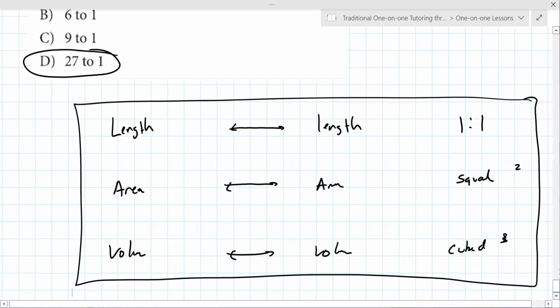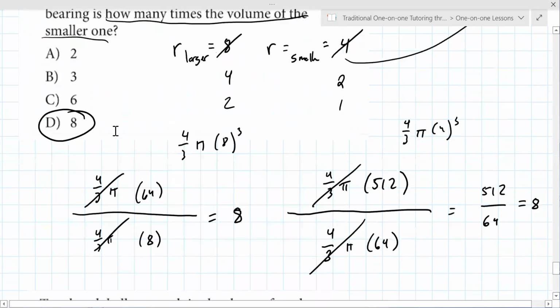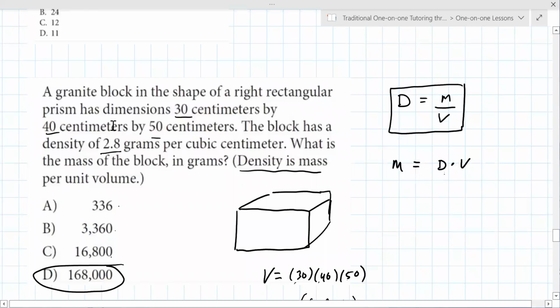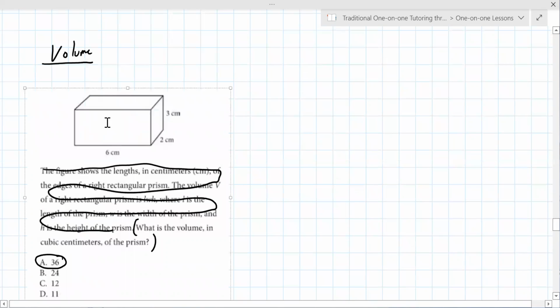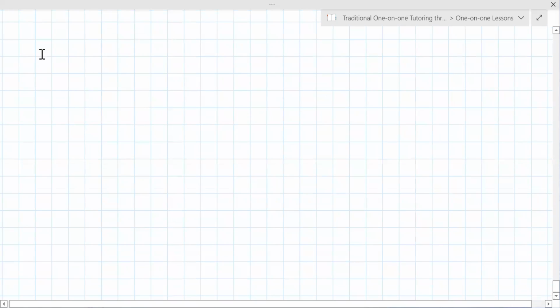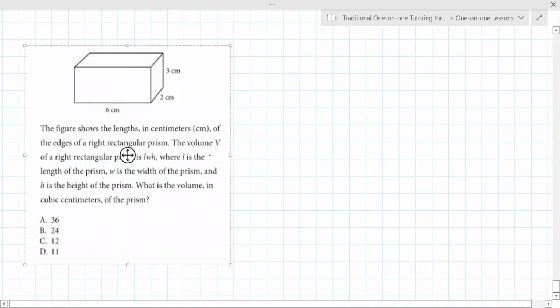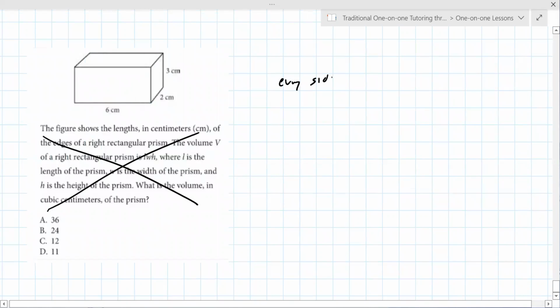So it's like this. Let's go back and look at a problem we did earlier. That one's too big. Let's look at this one. Okay, so let's just say we're not doing this problem. Let's just say every side is doubled.